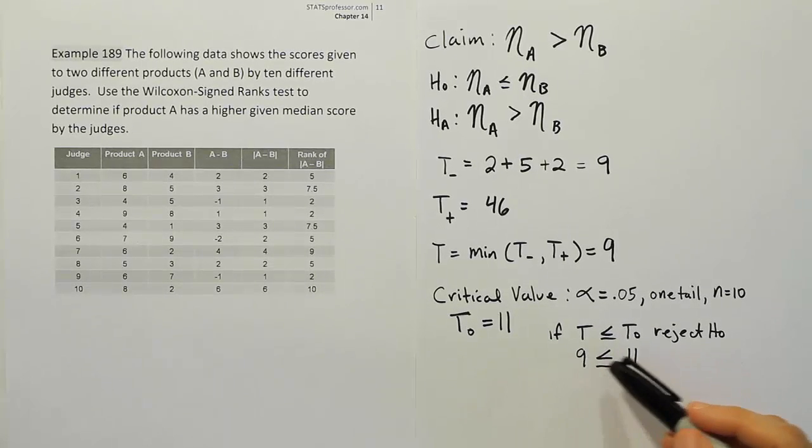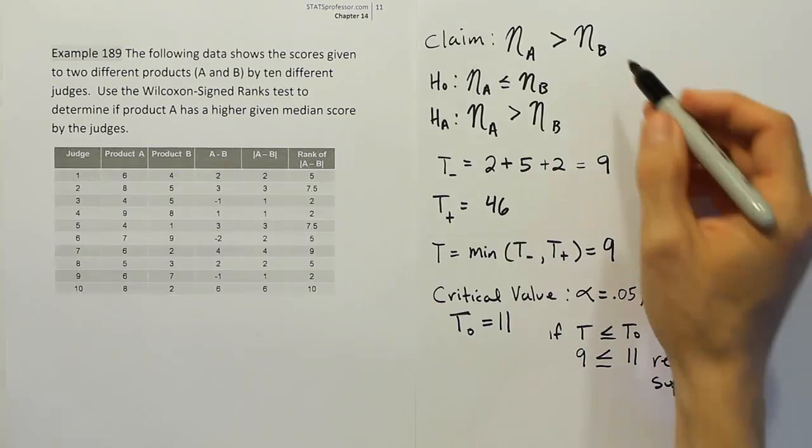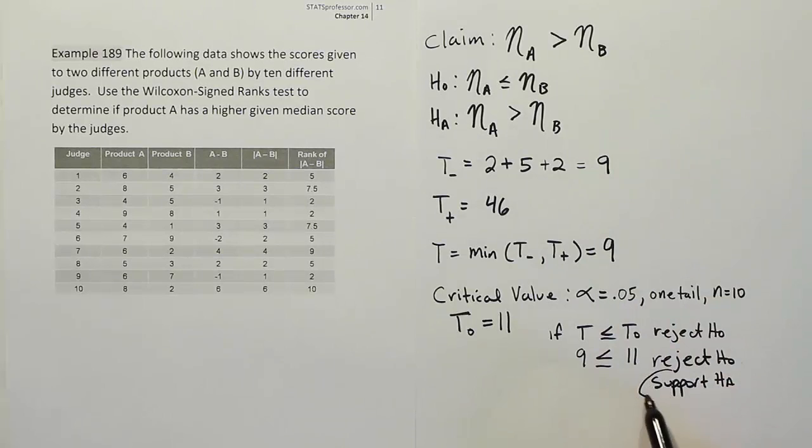So since 9 is less than or equal to 11, we're going to conclude that we should reject H0. And remember, if we're rejecting H0, we support HA. So we're going to conclude in this problem that we're rejecting H0 and we're supporting HA. And with that in mind, looking back at the claim, we'll say, hey, we support the claim. So in this problem, we were able to support the claim.